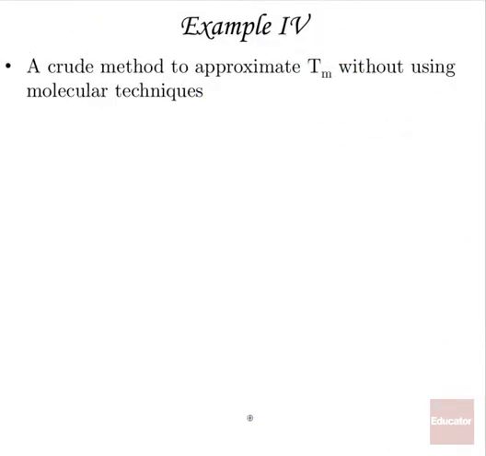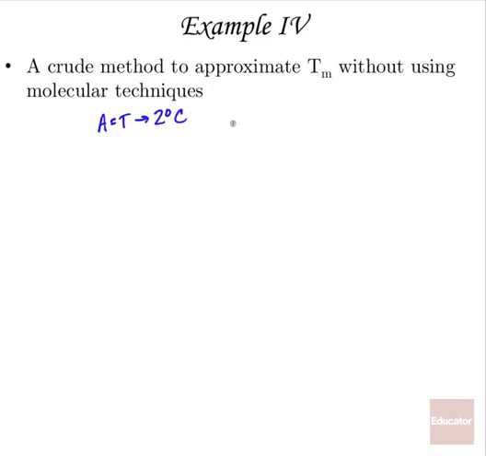Okay. So for our last portion of this unit, I want to leave you with a very crude method to approximate our melting temperature without using any type of absorbance values, molecular techniques. So for example, the crude method is that for every AT base pair, that equals 2 degrees Celsius.